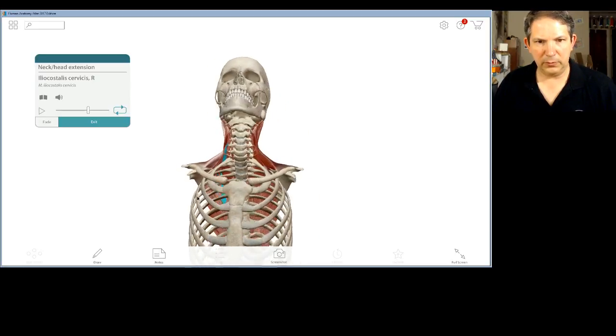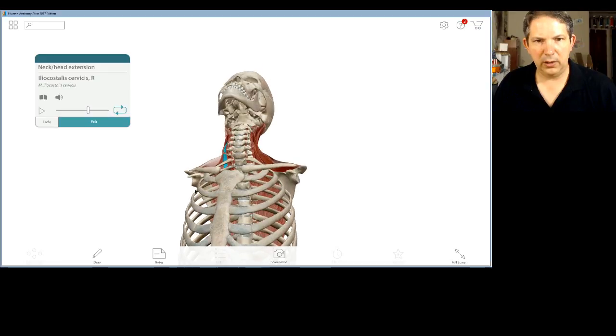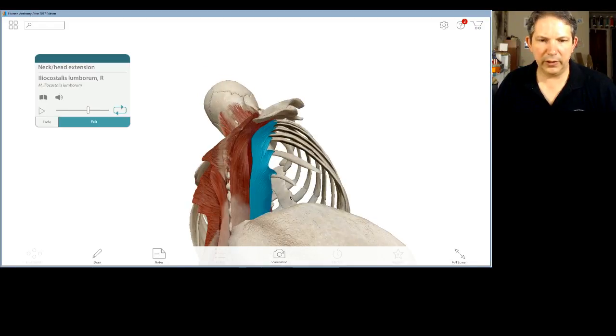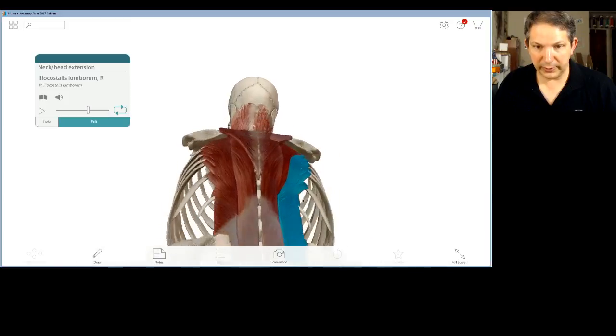How? Because they come clear up and insert onto vertebrae of the neck. So even this one, iliocostalis lumborum, clear down in the lumbar region.